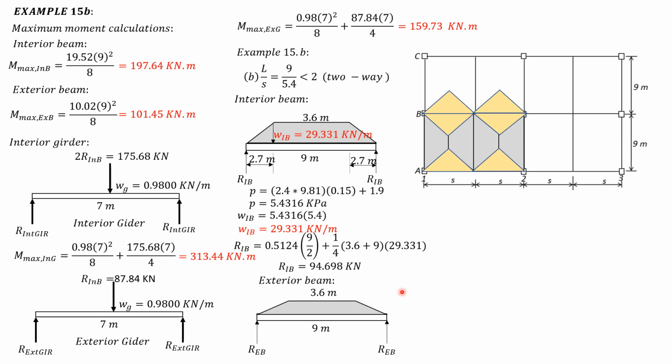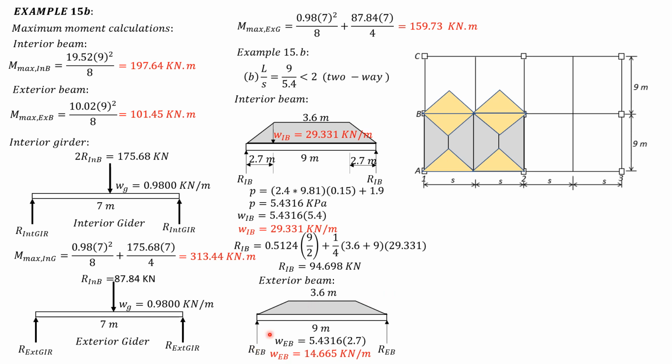So 3.6, and W of the external beam is 5.4316 times 2.7 only, because the distance from one side, this beam here, to that point is S over 2, or 2.7. So W of the external beam is 14.665 kilonewton per meter.